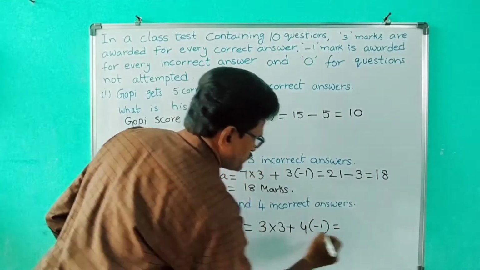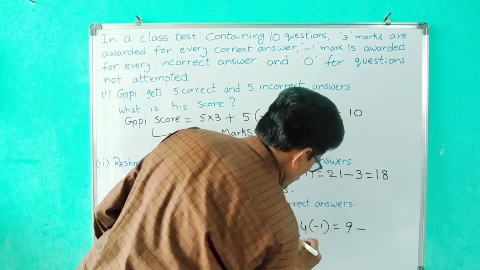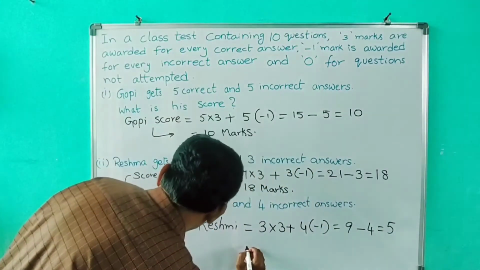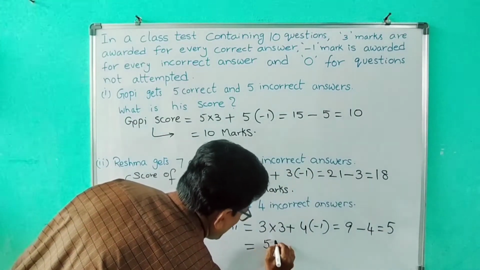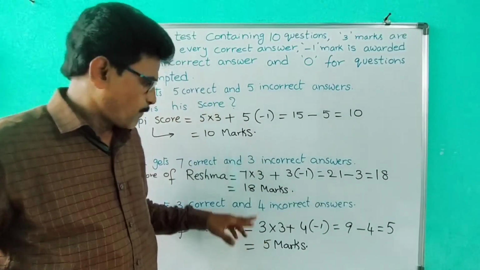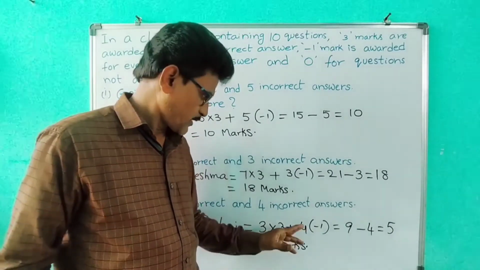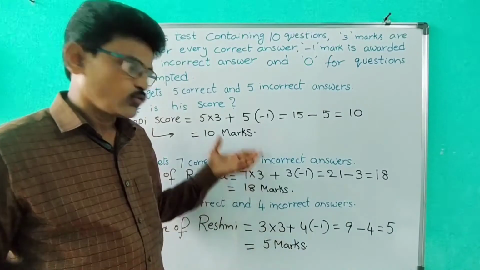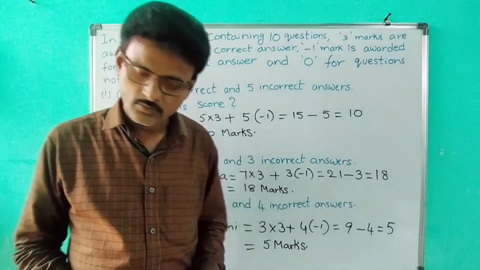So this is 3 into 3 is 9, minus, 4 into 1 is 4. 9 minus 4 is 5. So what is the score of Reshmi? Only 5 marks. In this way, here is multiplication of integers, plus into minus, again here subtraction. We'll do problems like this.